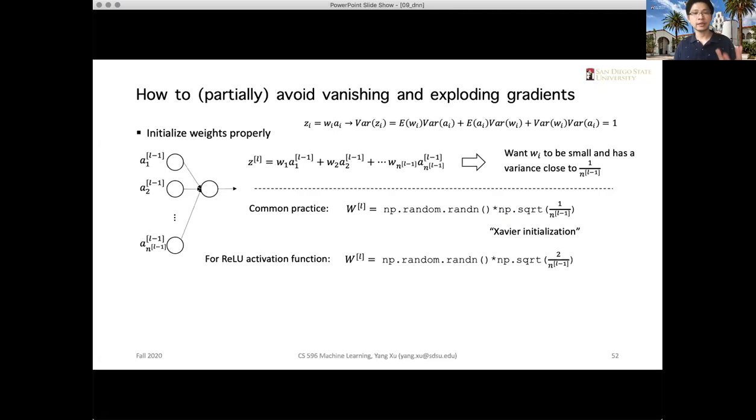So if there are ReLU activations from the previous layer, then we will change the constants a little bit. As I said, the reasons are in the paper, and in practice, we will just call these functions to initialize the weights.